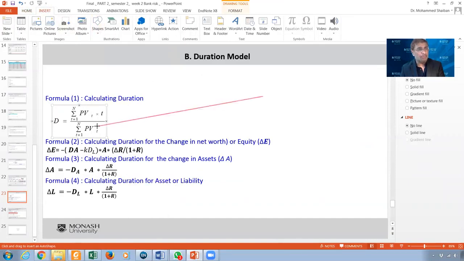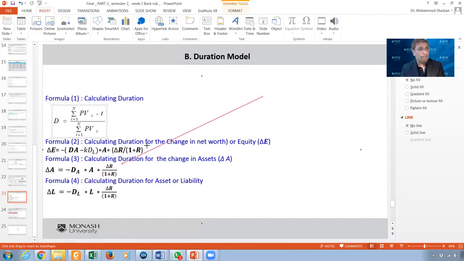This is step one. Step two, if I have the assets and liabilities, I can calculate now the change in equity, which is the impact on the balance sheet. So the change in assets, I can calculate the change in equity, assets and the change in liabilities if I like.